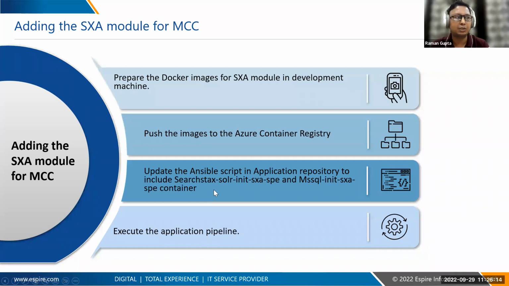All these steps you can find in the Sitecore official documentation, what job you need to add, and what Ansible task you need to add in the application repository. The same steps you'll need to perform for the SQL as we performed for the Solr. Once this is done, the application pipeline will automatically run, and it will deploy all these changes onto Kubernetes, and the SXA and SPE modules will be installed on the vanilla Sitecore instance.